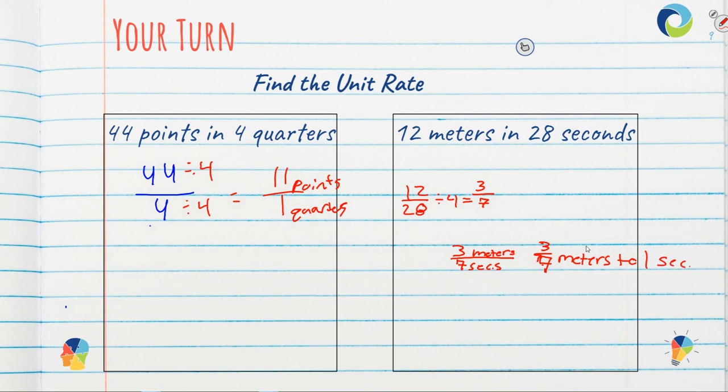There we go. Perfect. Whatever your bottom number is the one that's supposed to be a 1. So 28 goes with seconds. It's supposed to be 1 second, so we're going to say 1 second. The fraction is always your first label, 3/7 meters, the first label. Okay? All right. You are done with notes.